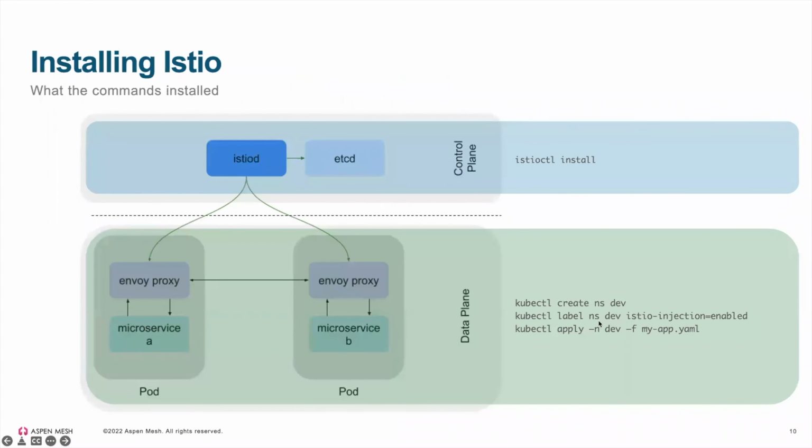So by default, the namespaces that you label with Istio injection equals enabled, every pod in that namespace is going to have the proxy injected into that pod, which means that it's also going to have mTLS on by default. There are namespaces that you probably wouldn't want to label that, so you don't want them to be part of the data plane.